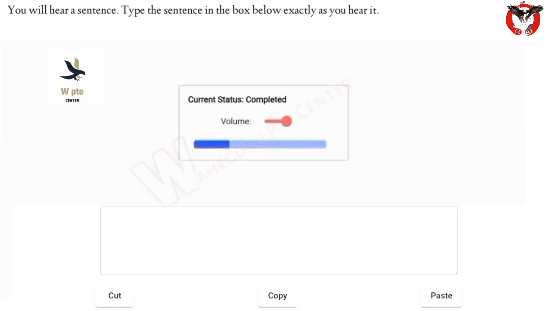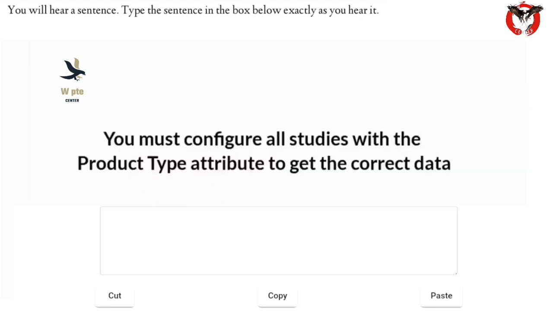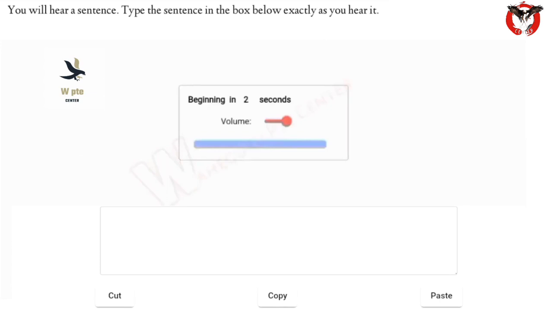You must configure all studies with the product type attribute to get the correct data. The Oracle Argus Safety Console study configuration classifies the different product type counts.